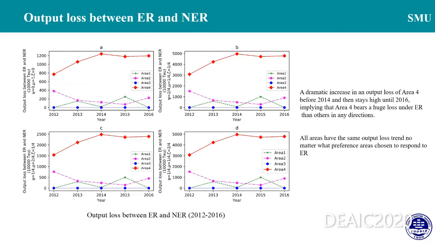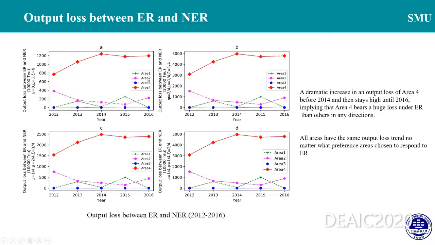This implies that area 4 bears a huge loss under environmental regulations compared with the others in any direction. One potential reason is that the port resources have not been fully developed in this area, resulting in technical inefficiency.